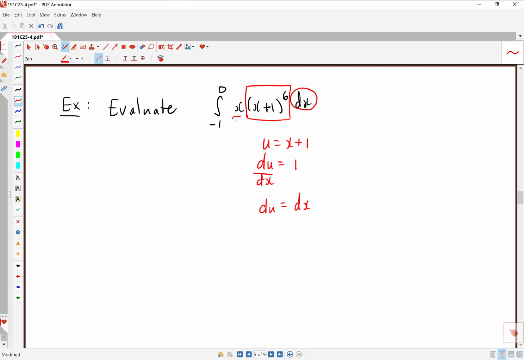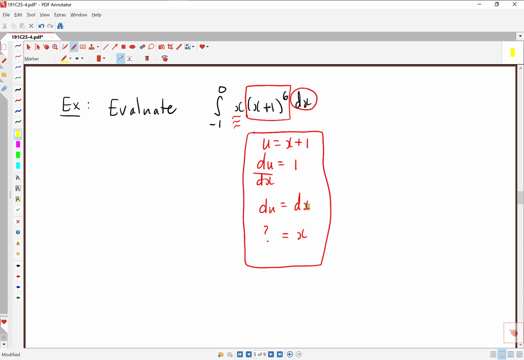But this is a little weird. We got this factor of x here. So we need to ask ourselves, what is x equal to? Well, all we have to go on is just this information here that we've got in the box. So our du is actually not going to help us here, but what will help us is the way that we defined u.